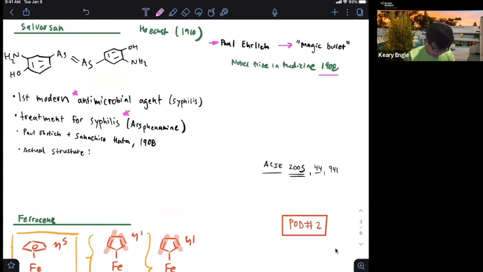And as recently as 2005, there was a structural revision based on mass spec data showing that Salvarsan in fact exists as an equilibrating mixture of polymetallic forms, specifically pentameric and trimeric forms.